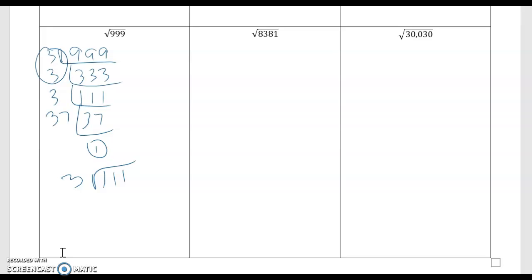Next one is 17. 17 it is. So 8381 divided by 17 is 493, okay? Now I just figured out that 17 comes out, and I have 493 left over. I do not need to start back at 2, 3, 5. I know that those don't work. If they didn't divide 8,381, it won't divide 493.